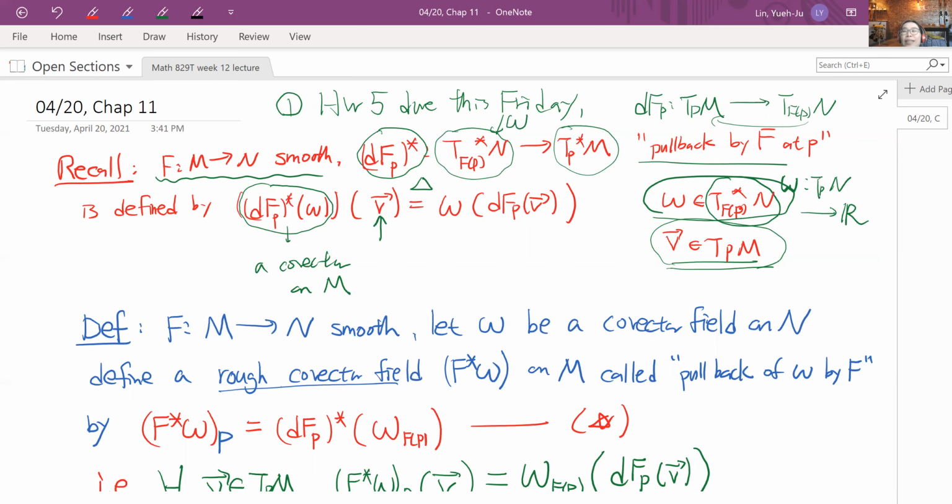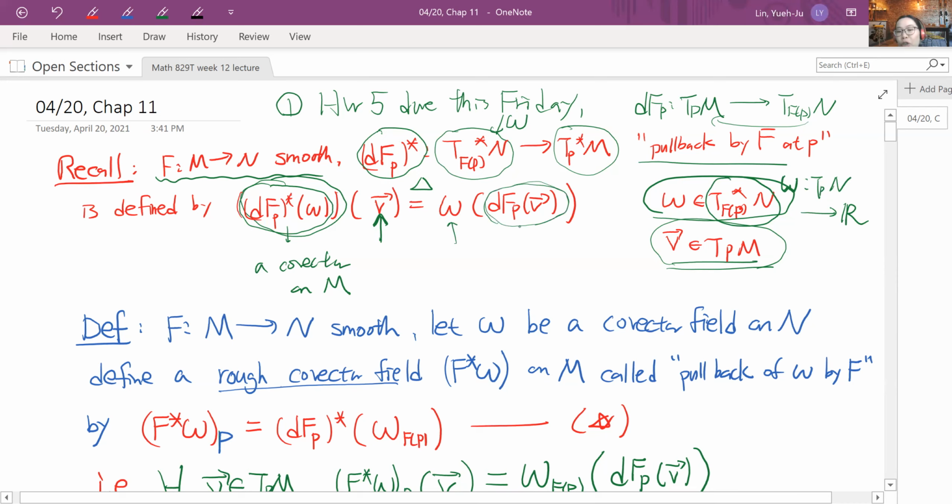So the pullback is, in some sense, you can argue that the pullback also depends on the push forward, in the sense that the definition here is that if you pull back W, it's a covector. When you evaluate or input a vector V, the definition is you take W, and then you input this vector, right?